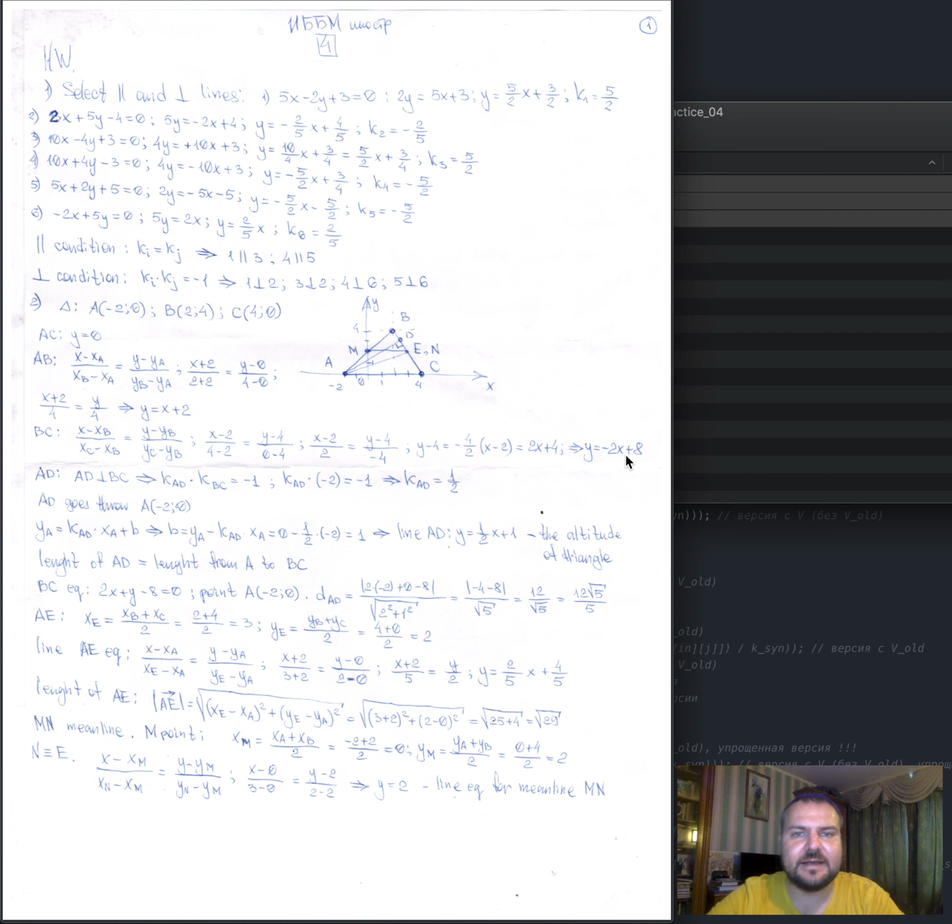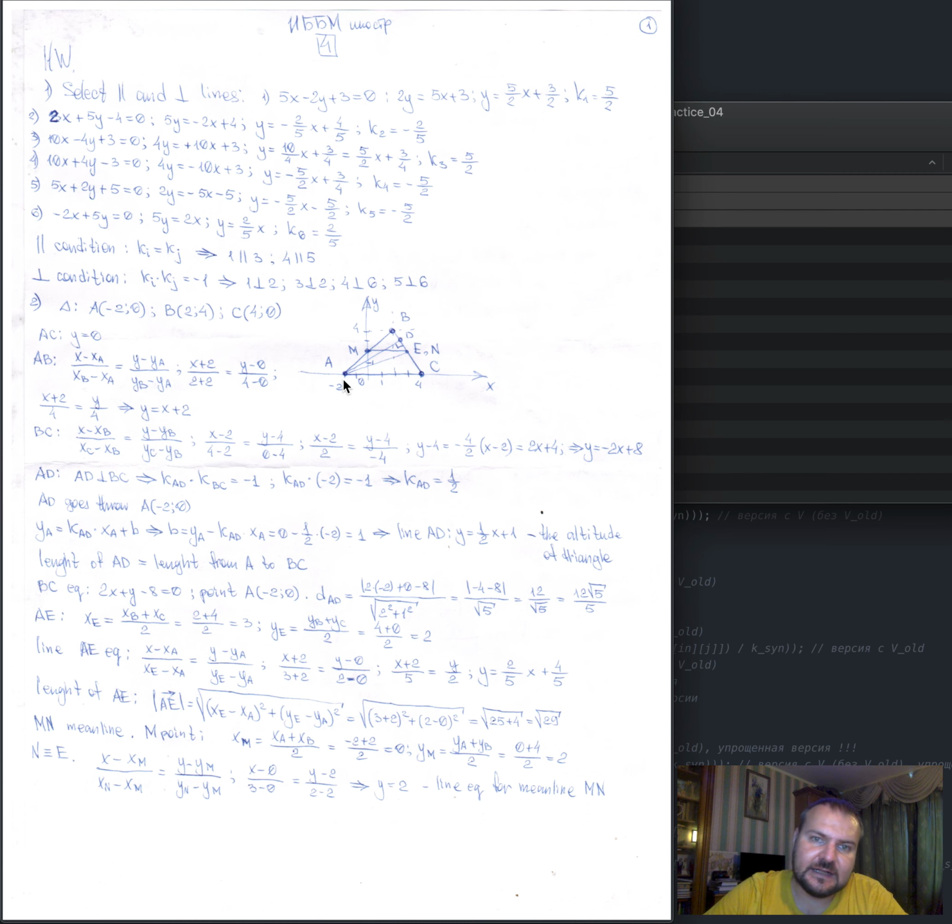What about the height line AD? AD needs to be perpendicular to BC. The equation for BC we know, and we know the BC slope value.